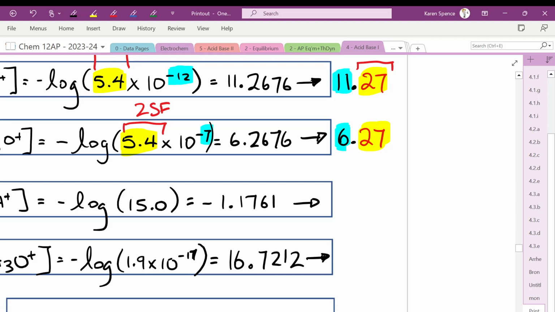And you see how 11 is really close to 12 and how 6 is really close to 7. If we had a 1 at the front, it would actually be that number. But because the coefficient is something other than 1, we end up with 1 power less.